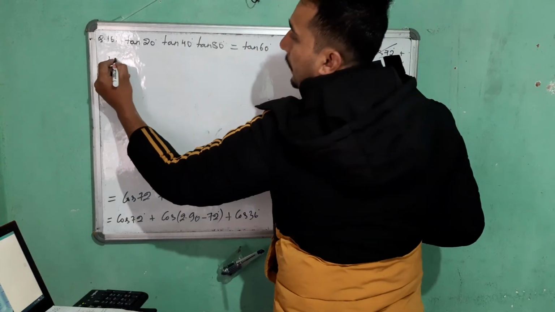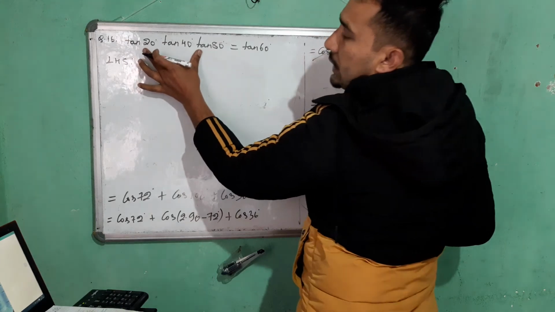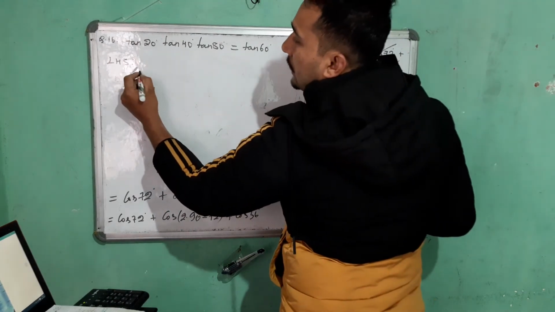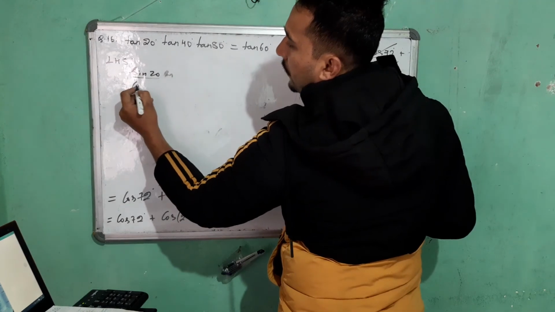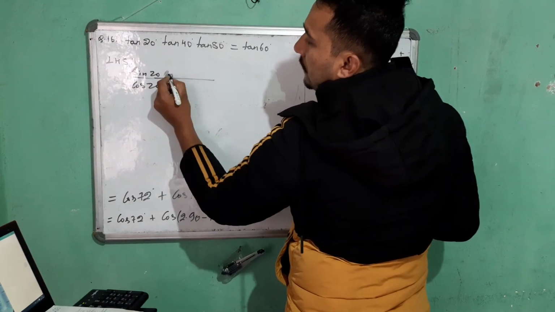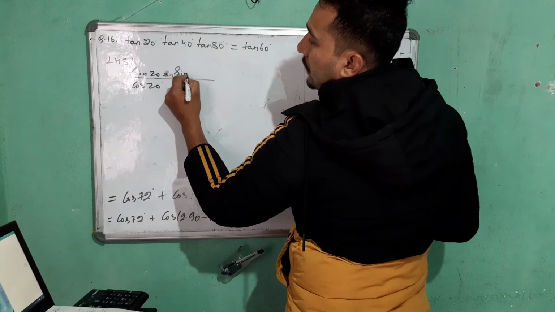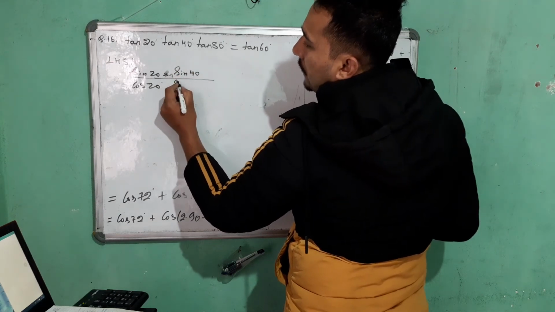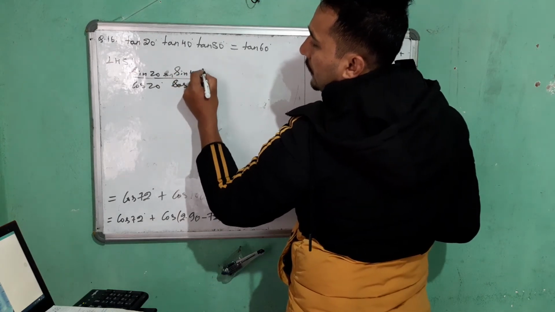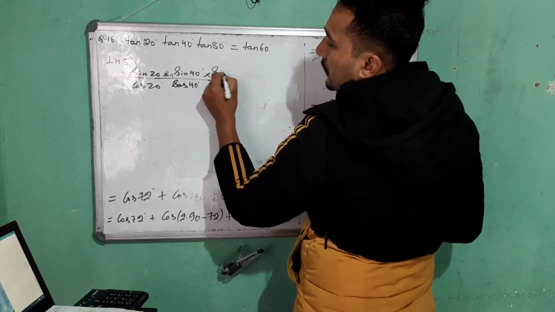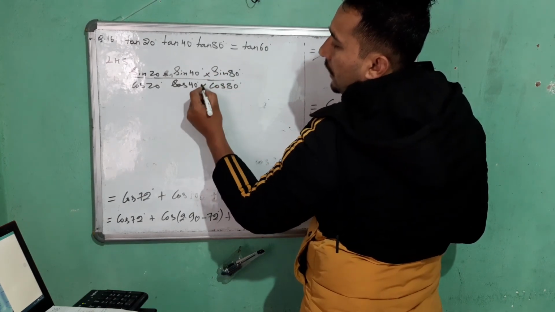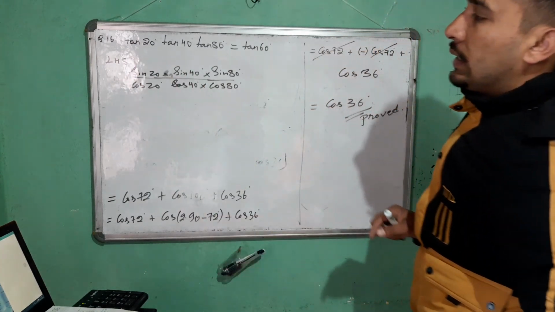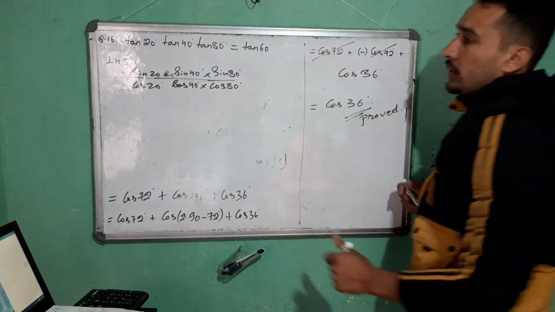So LHS, let's convert this in terms of sine and cos: sine 20 divided by cos 20, into sine 40 upon cos 40 degree, into sine 80 upon cos 80 degree, because tan theta is equal to sine theta upon cos theta.